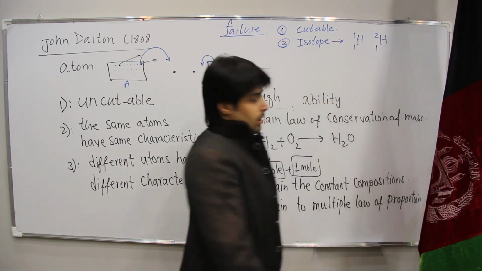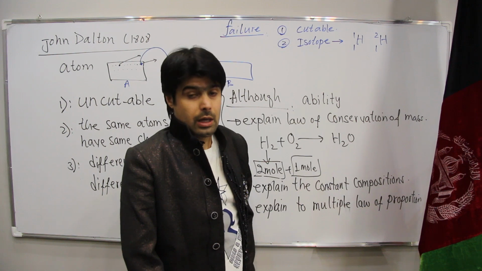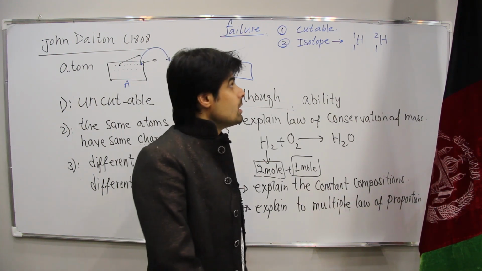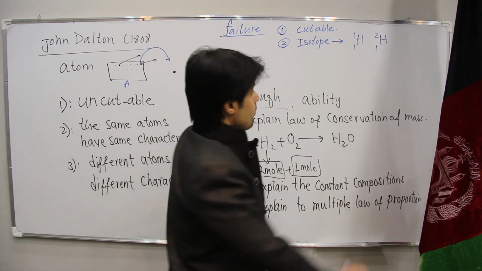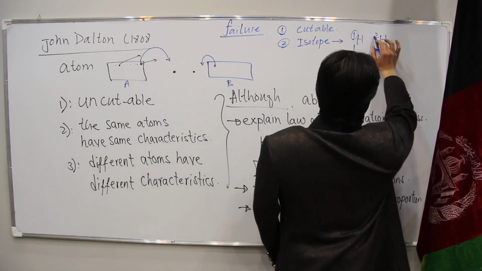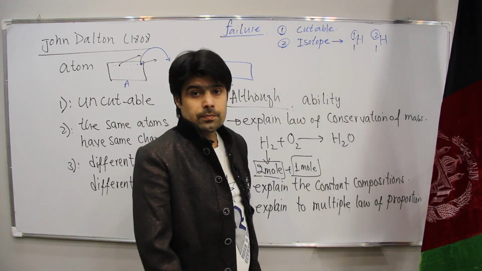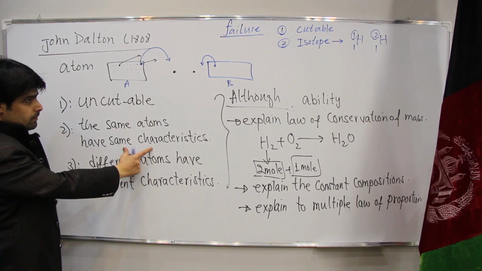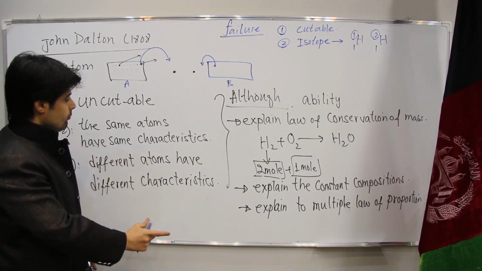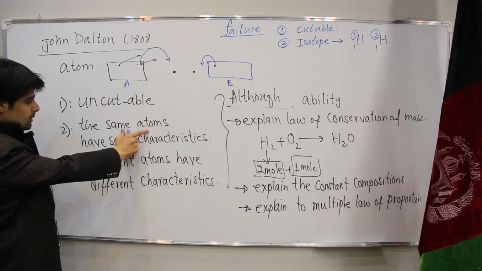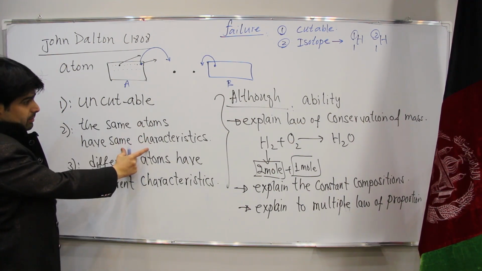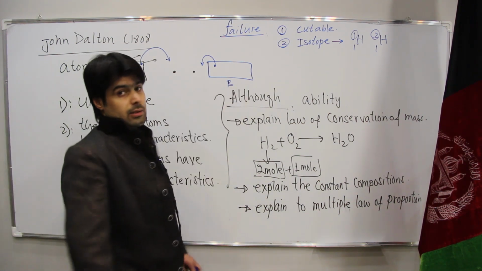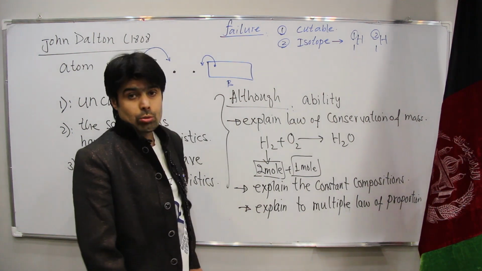Do they have different characteristics? Yes. What is the different characteristic in these two hydrogens? Mass. The mass is 1 here, the mass is 2 here. But he said it has the same characteristic. Now we can prove that the same atoms could have different characteristics by the usage of isotopes.